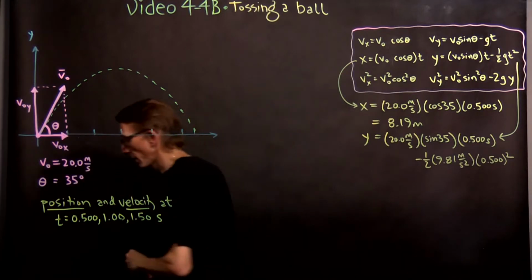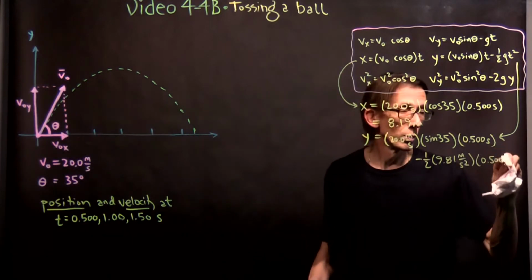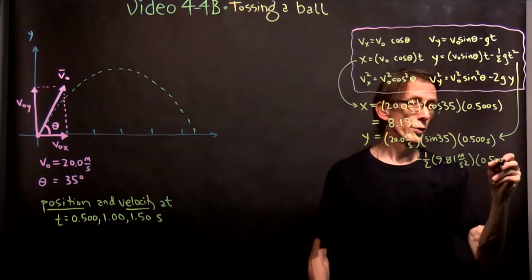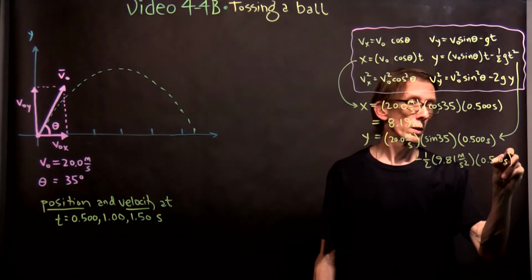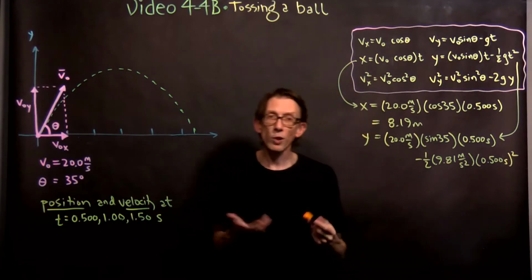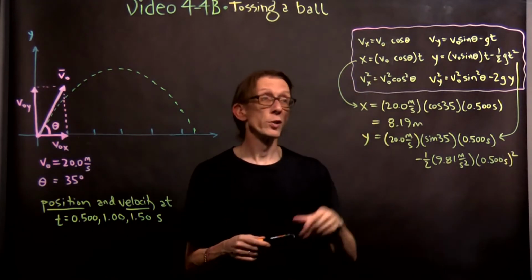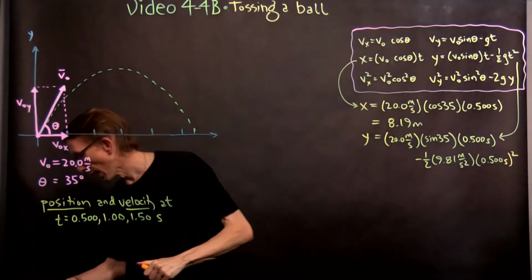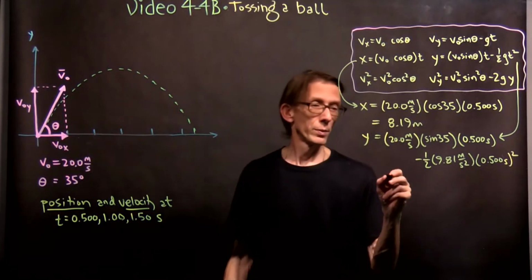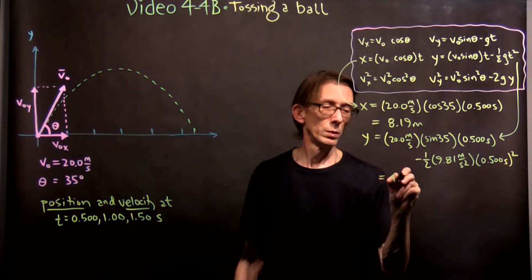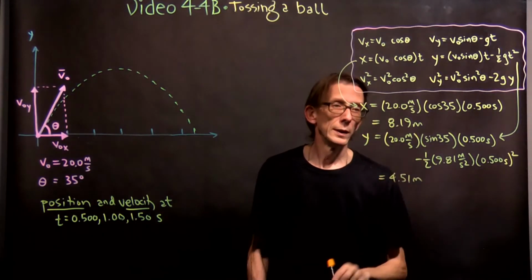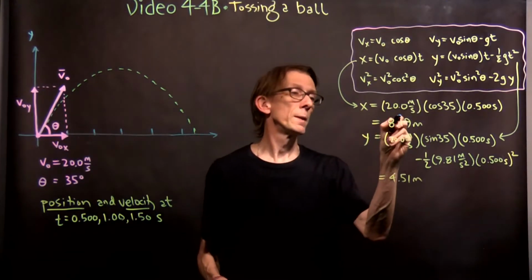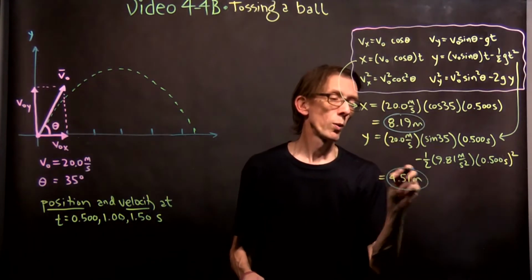Oops, I left off the unit. That's not always that important, but sometimes it's nice to keep track of them, so I'll keep on doing it. So we're just plugging in for X and Y from equation 2 for X and equation 2 for Y. And so when we do that, we get for Y 4.51 meters. So X is 8.19, Y is 4.51.